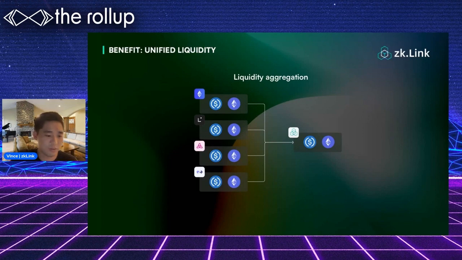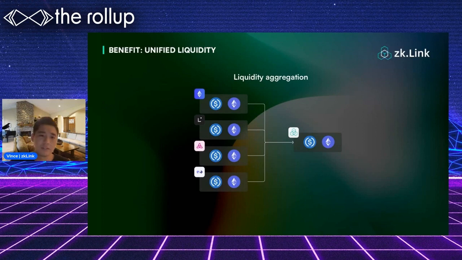users from different ecosystems enter the layer 3 platform, you have aggregated liquidity on one unified platform, one unified user interface. For the tokens that exist on multiple chains or multiple rollups, such as stables or Ethereum, the tokens entering layer 3 from different layer 2s will be merged to the same token, just as shown in this graphic, right? And so the liquidities are merged to a single token, and you have deeper liquidity on this single trading pair.